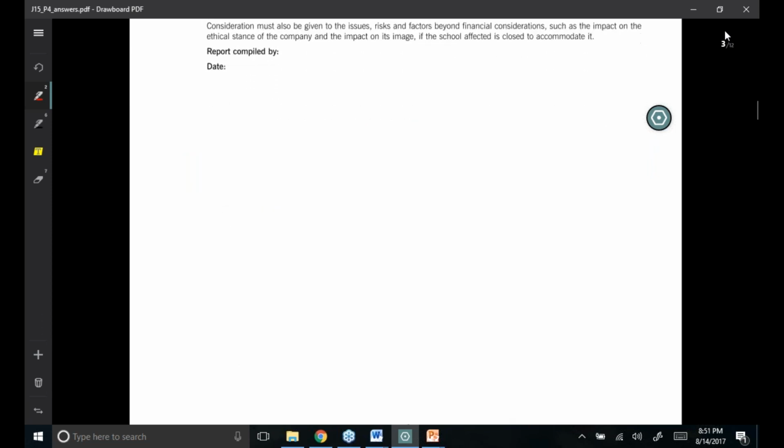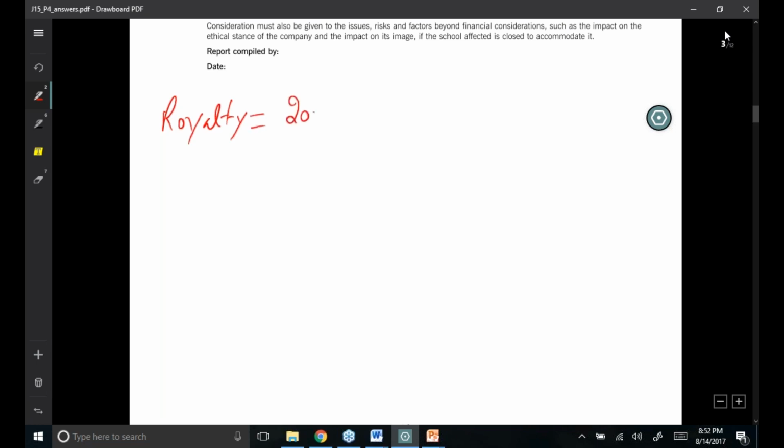There is another question: how I have calculated the royalty. Royalty is calculated like here. Royalty was $20 million. It was increased by 80% to $36 million.